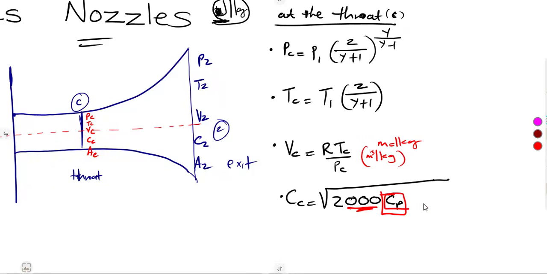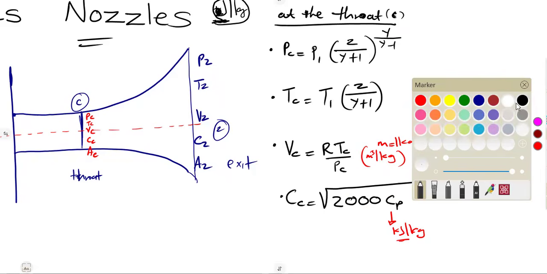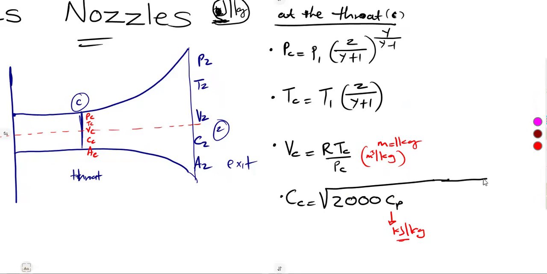So CP remains as you are given it, in kilojoules per kilogram, because you have already removed the kilo by the 1000 that we are seeing here. So there won't be any effect once you do this adjustment. That's why they put that on the formula sheet, so that you won't make a mistake. You just use the CP as it is.